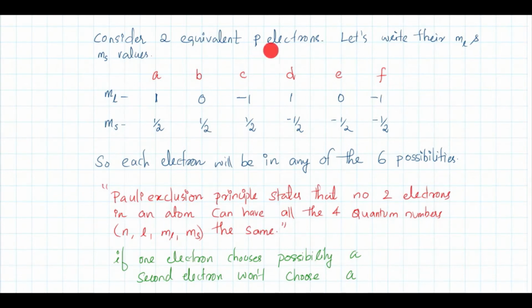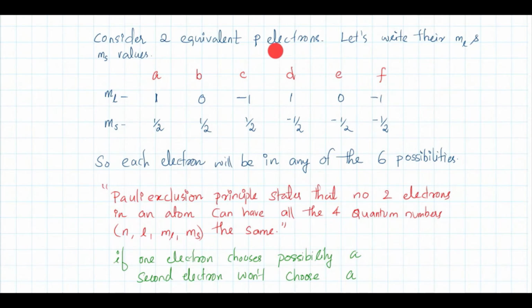Since you have 2 electrons, if one electron chooses possibility A, the second one won't choose A. It can choose B, C, D, E, F. It will not choose A because we are considering equivalent electrons.